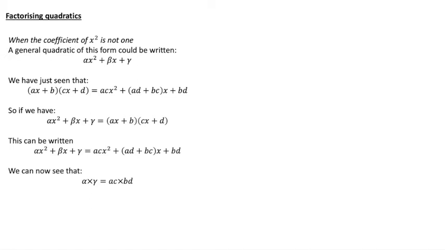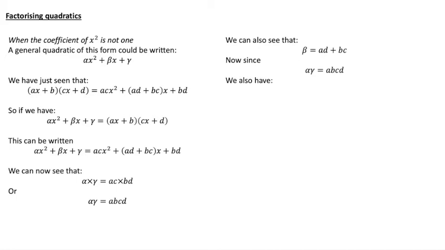is ac times bd, and we can rearrange them because they've all been multiplied, so we get a, b, c, d all multiplied together. But we can also see that beta is equal to ad plus bc, and now since alpha times gamma is abcd, we also have alpha times gamma is ad times bc.